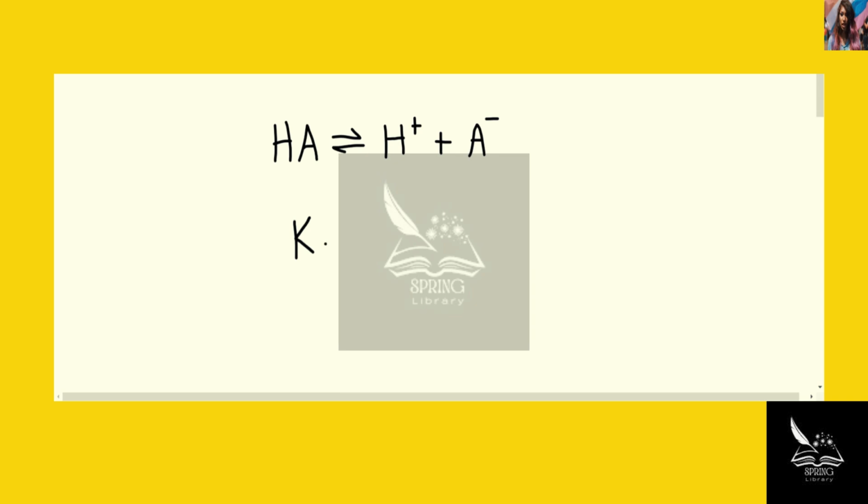And these are all aqueous species, so the value for the equilibrium of this dissociation is equal to the concentration of H plus times the concentration of A minus divided by the concentration of HA. So once we have these three species concentrations, we can plug them into this ratio in order to determine Ka.